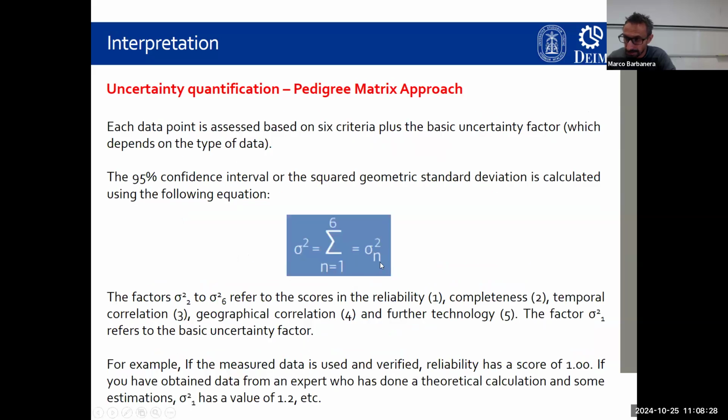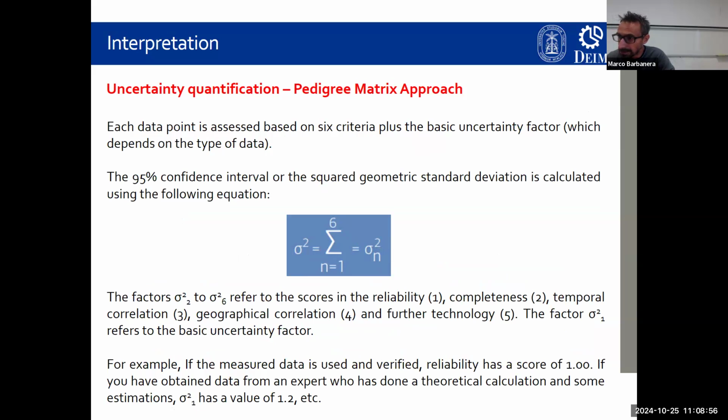We can explain better. In fact, in this equation, we can see that the square standard deviation for a parameter is obtained as the sum of 6 different square standard deviations: sigma 1, sigma 2, sigma 3, sigma 4, sigma 5, and sigma 6.